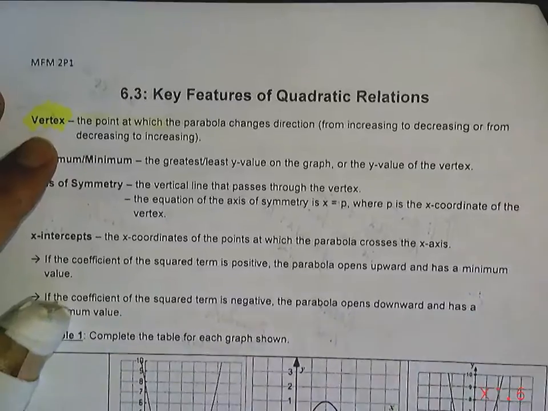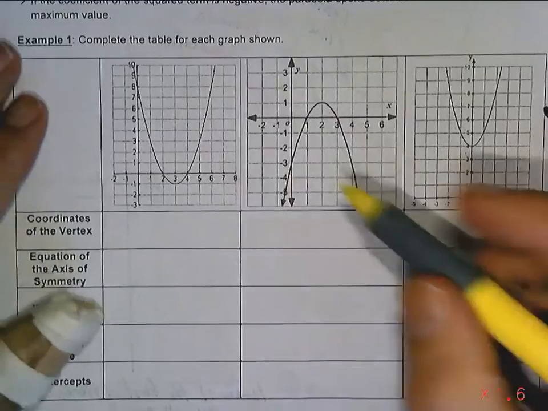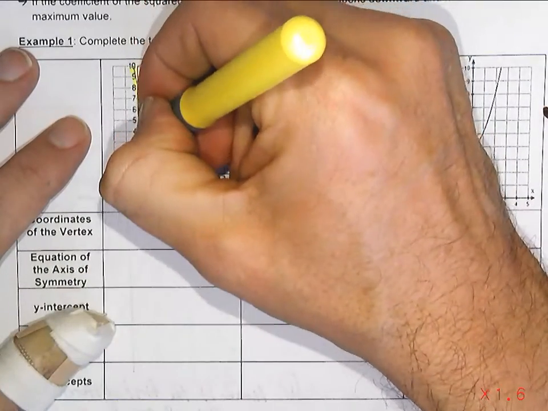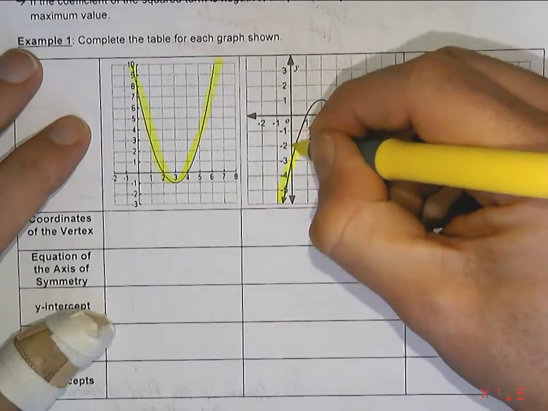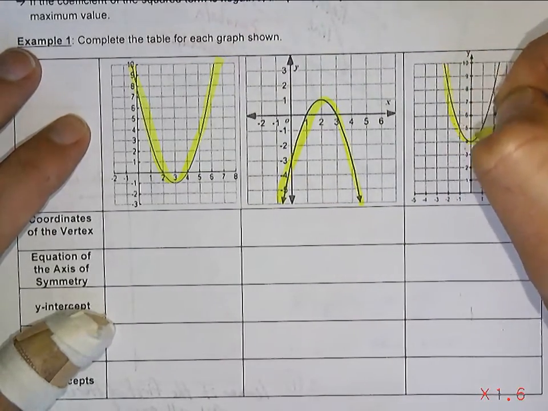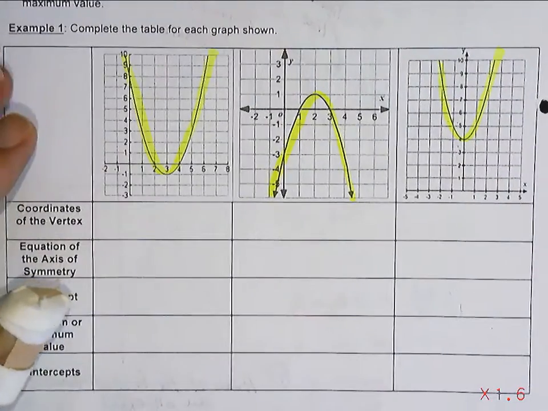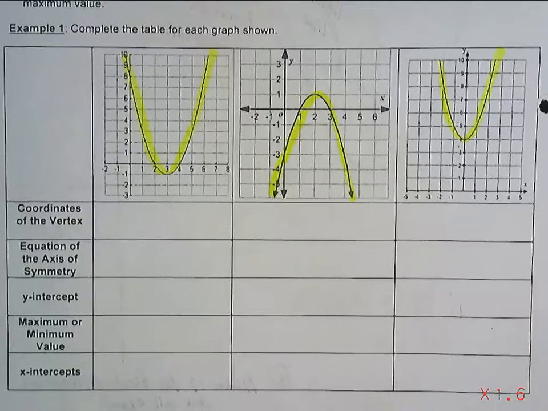Let's just stop for a minute and look at these three examples that I have down here. Here's a parabola. Here's another parabola. And here's a third parabola. Now remember, we always read graphs from left to right.